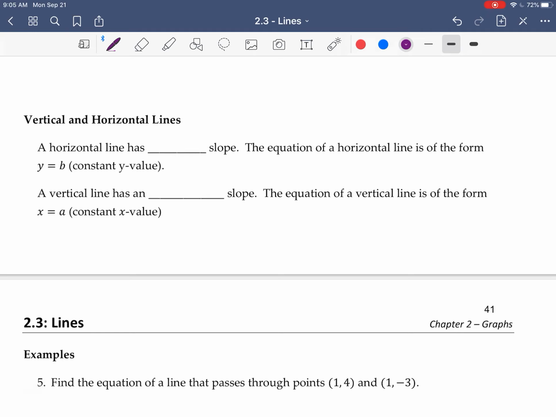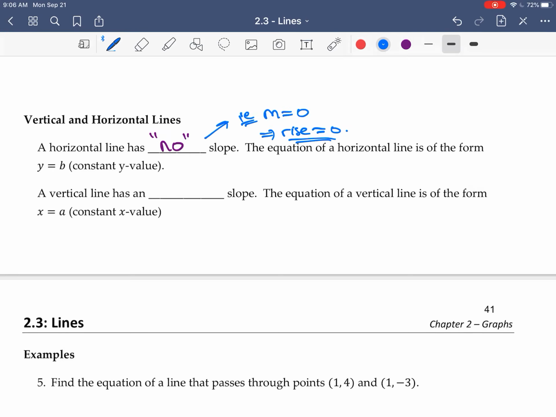So vertical and horizontal lines are a bit special. The horizontal line has what we say is no slope, i.e., the slope is actually 0. So the rise is 0. The y values never change when the line is horizontal.